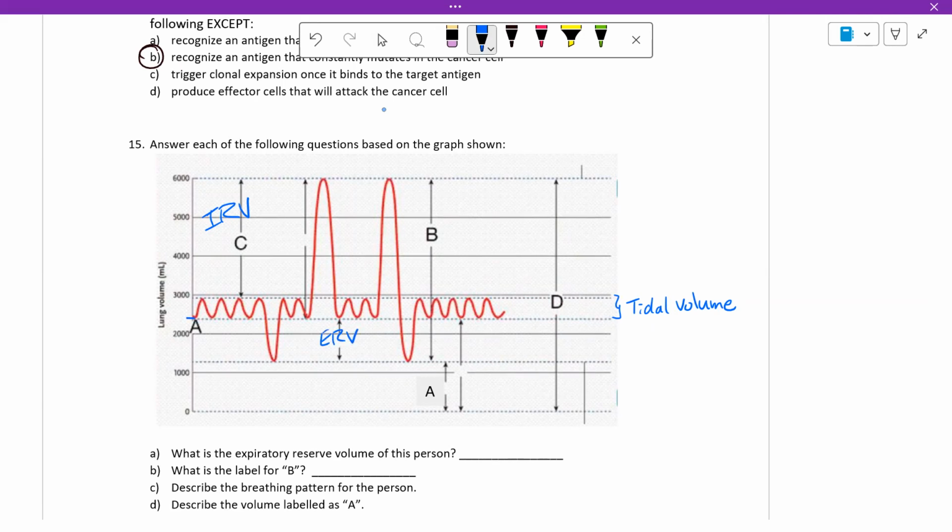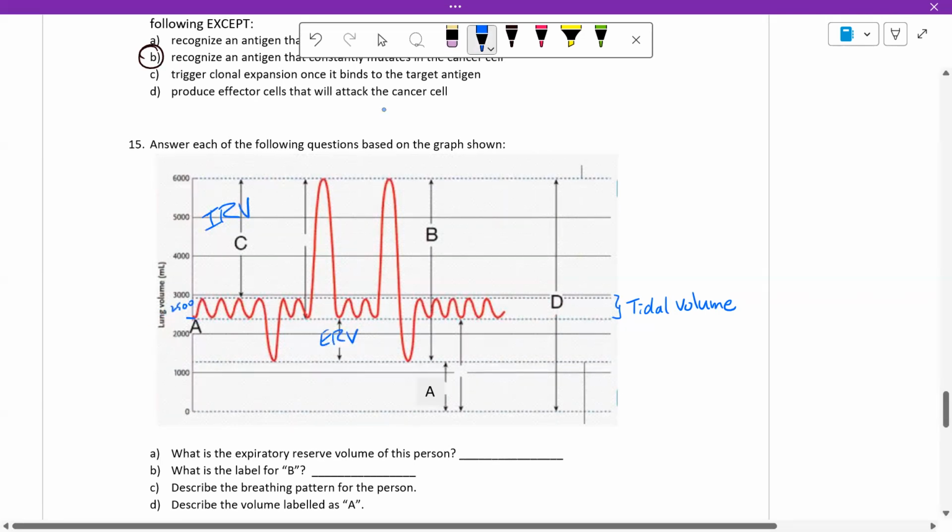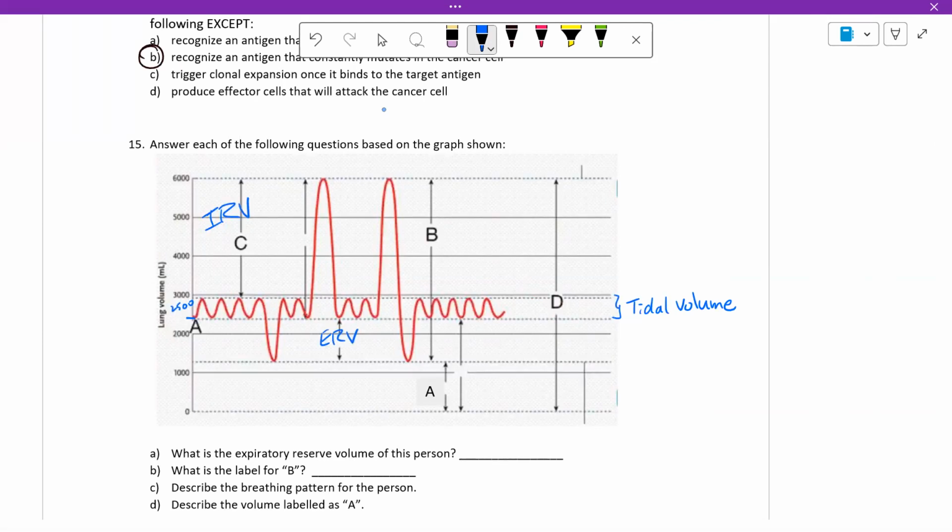Over here, that looks like 2,500. I promise if I give you a graph on the test, it will be a much nicer graph, so you won't have to estimate, but let's say this is 2,500. This here is 1200, roughly, right? So if you subtract it, it would be 1300 milliliters.